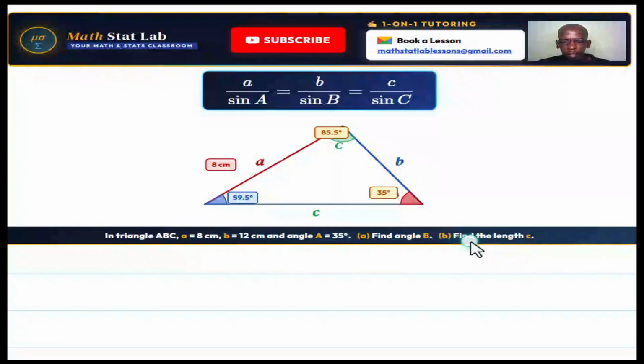And then we have to find the length of C. Since we are asked to find the length of C, and don't forget we had also calculated the length of B here, I think it was 12 centimeters. So we are only missing this side here.